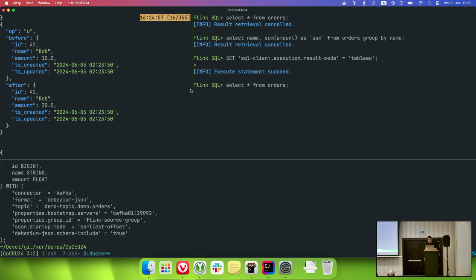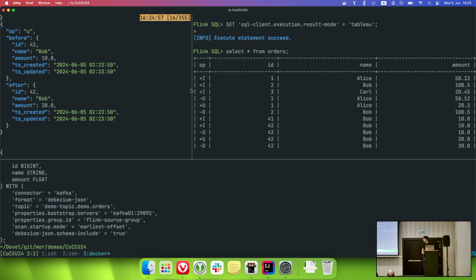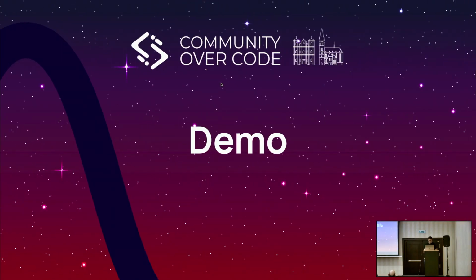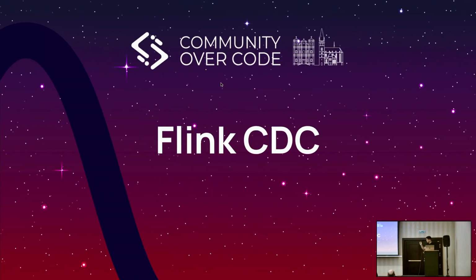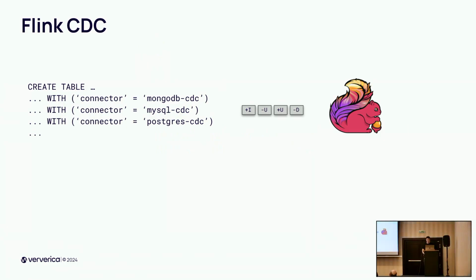So if I do the select query here, it should also show all the operations we did. For example, we have the insert several times, and then update with the update before and update after, and delete and insert and update. So that's it for the demo, and now I will talk about Flink CDC.